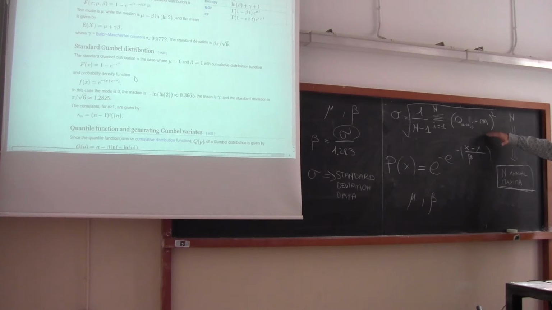So basically you get the difference for each of the data and the average of the data. m is the average, the arithmetic mean. So you get the annual maxima, you compute m, which is the arithmetic mean, and you compute the difference between each data and the arithmetic mean.